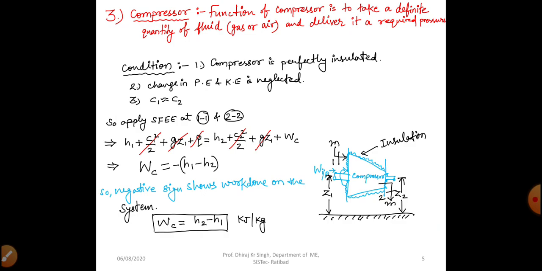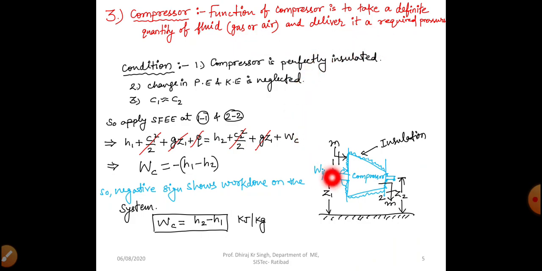So here we can see the diagram of this compressor. This is our bottom line, and we can see the height Z1, or we can say head, Z1 and Z2 from the central line of the shaft of the compressor, right? So basically, what is the function of a compressor? The function of a compressor is to take a definite quantity of fluid, gas or air, and deliver it at a required pressure.